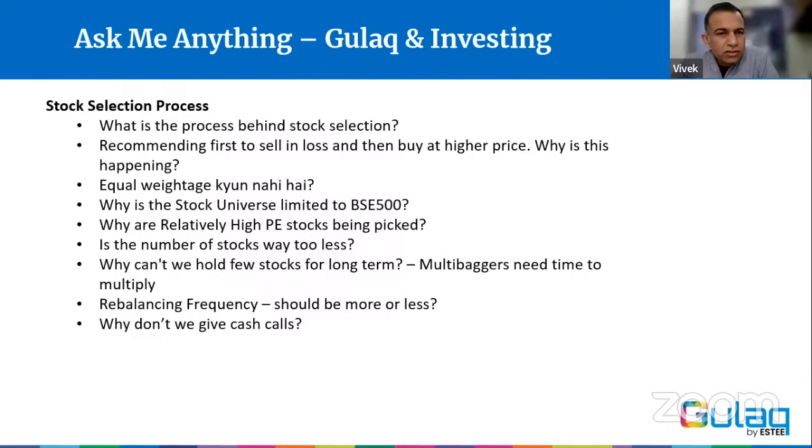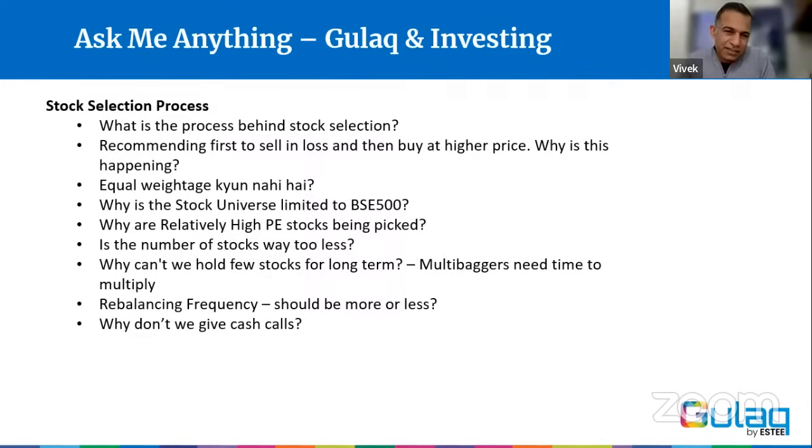One of the questions was also around why can't we hold the stocks for the long term, since multi-baggers need time to multiply. And another question we also received was why are we holding stocks for even a month? Why not rebalance on, say, a weekly basis if there's some news or some market movement? So again, I think this is a lot of debate.